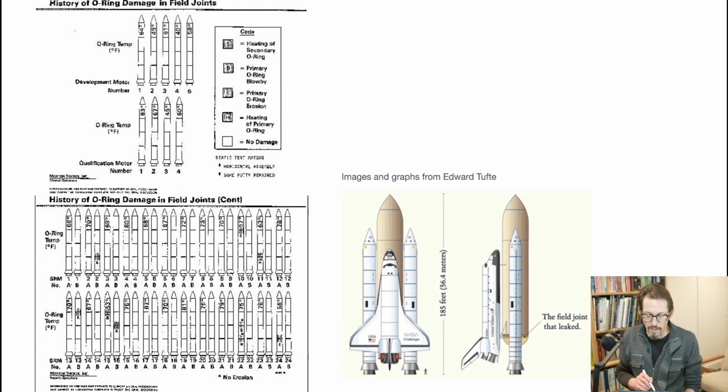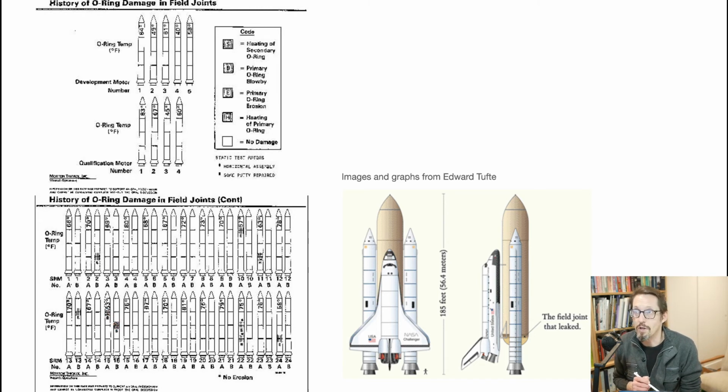So this is the way that the engineers were communicating to their bosses about the Challenger's cold weather launch, right? So what they were using were these cutesy graphs that have pictures of the boosters on them, right? And they were marking where on these graphs the damage was occurring and how severe that damage was with these obscure little tick marks.